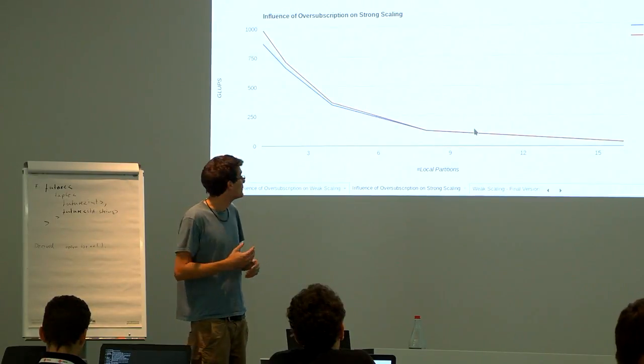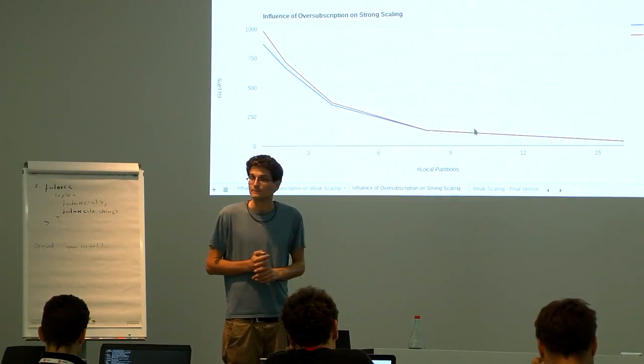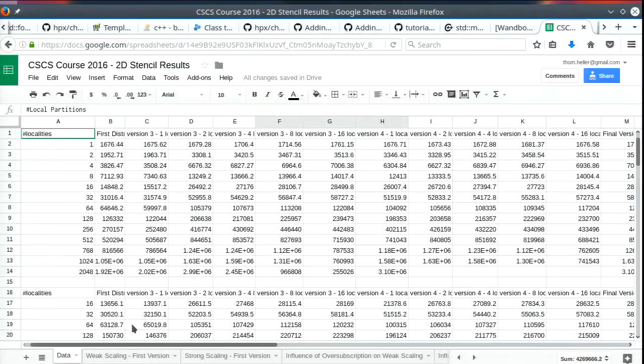We lose useful work we can do on the partitions themselves. If you look at the strong scaling for a smaller node count, you could see a similar effect as with the weak scaling. And this Google spreadsheet is linked in the slides, so you can actually look at the data. All the data is there.